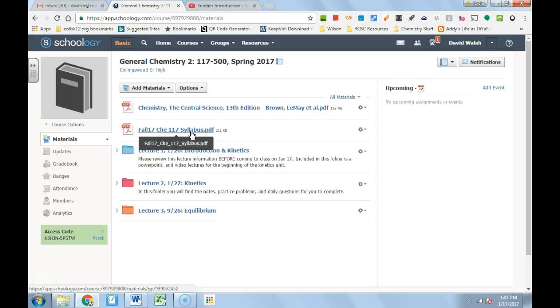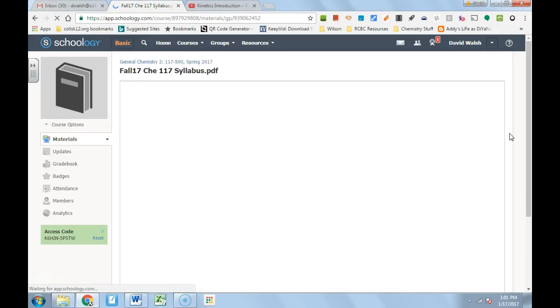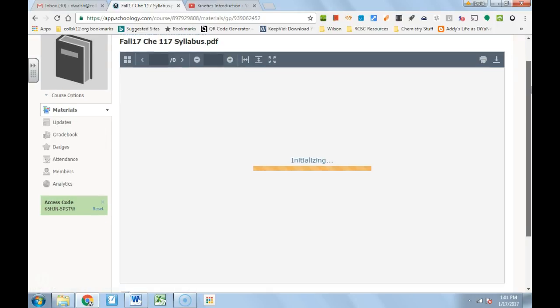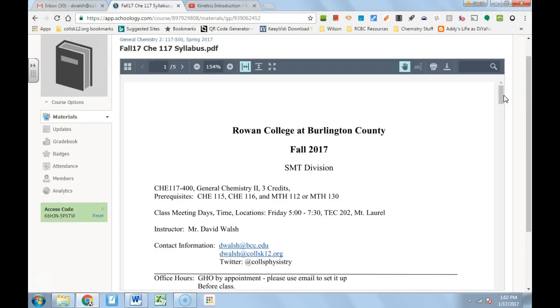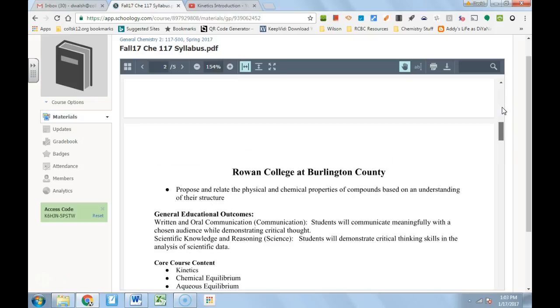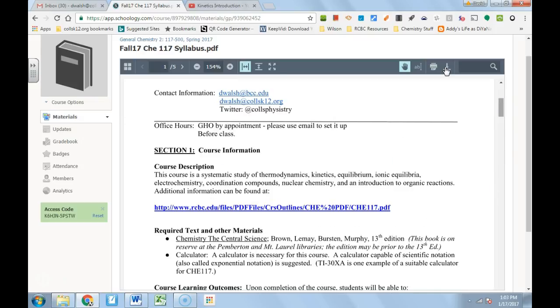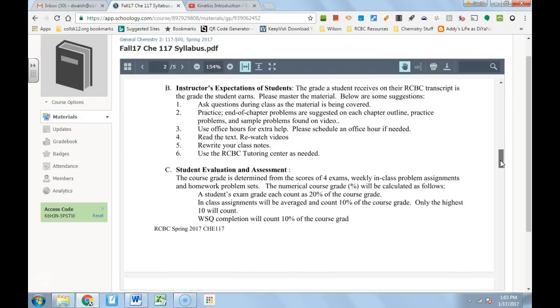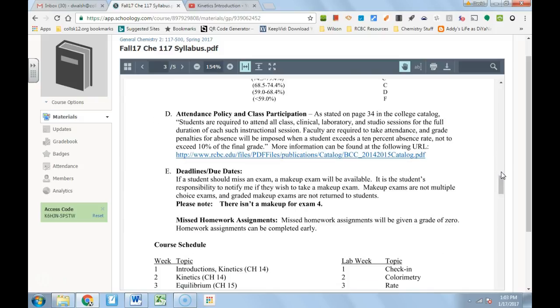And then here's my syllabus. The syllabus you can definitely open up, and it's a reference. It's got the schedule and the grading and all of that stuff. There are a couple of things that I think are important for students. Here's the grade scale on the 3rd page, and then the topic.